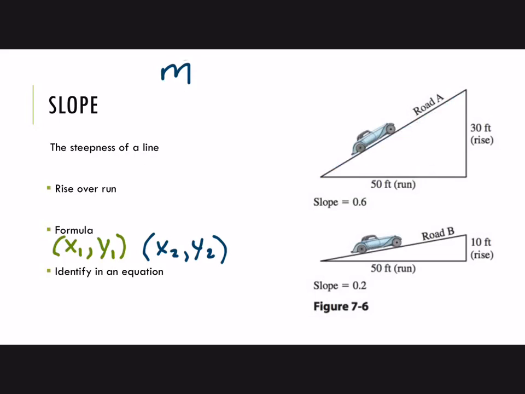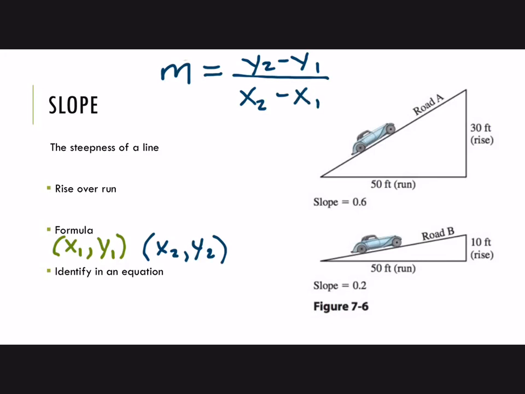But there are a couple other stories of the origins for m, so you may want to look that up if you're interested, but it's kind of inconclusive why we use an m for slope. But we do, and we say that the slope equals, and then here's your formula. It's y2 minus y1 over x2 minus x1.